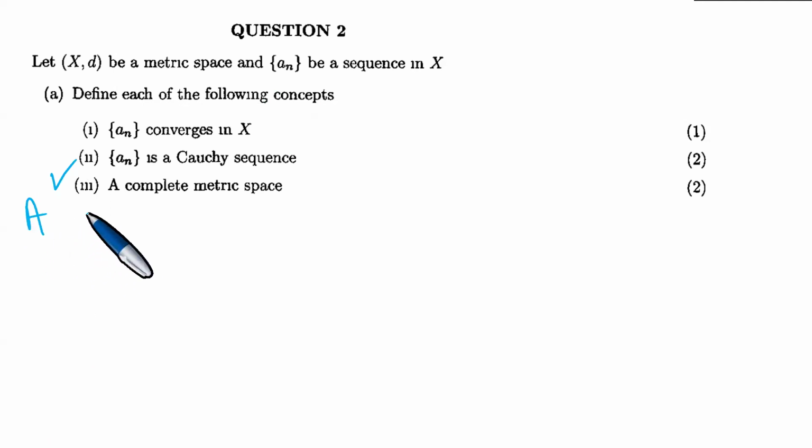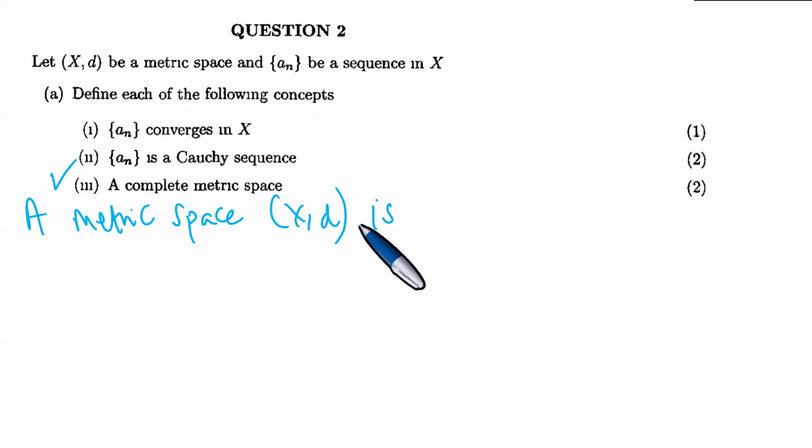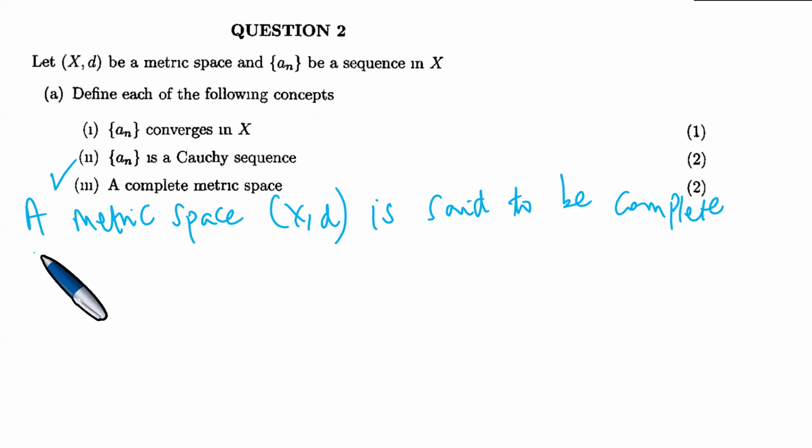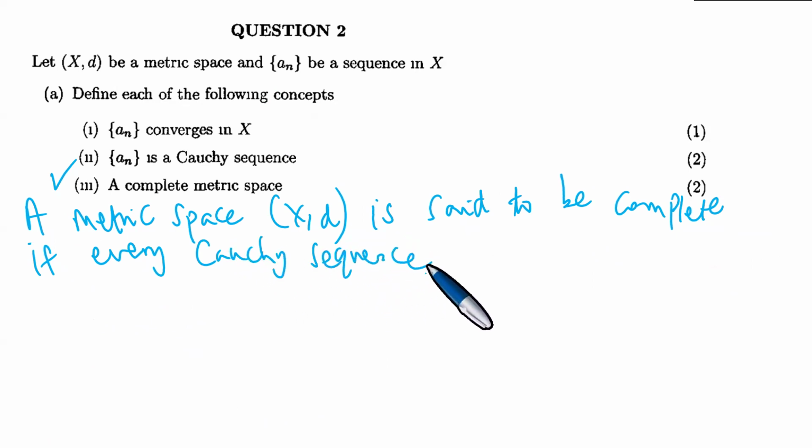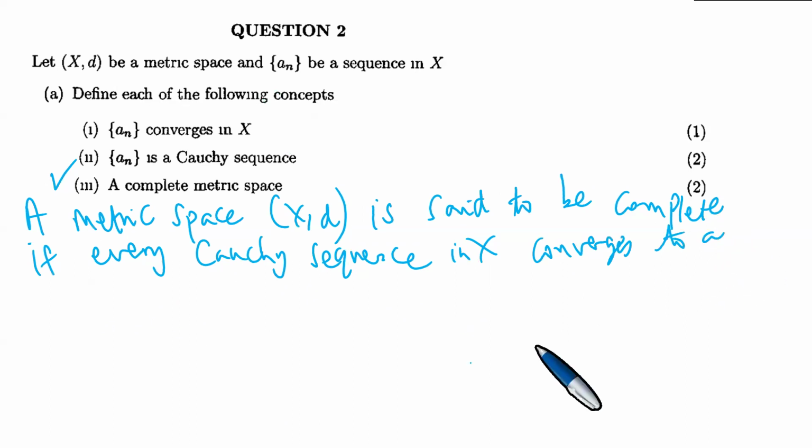A metric space XD is said to be complete if every Cauchy sequence in X converges to a point of X.